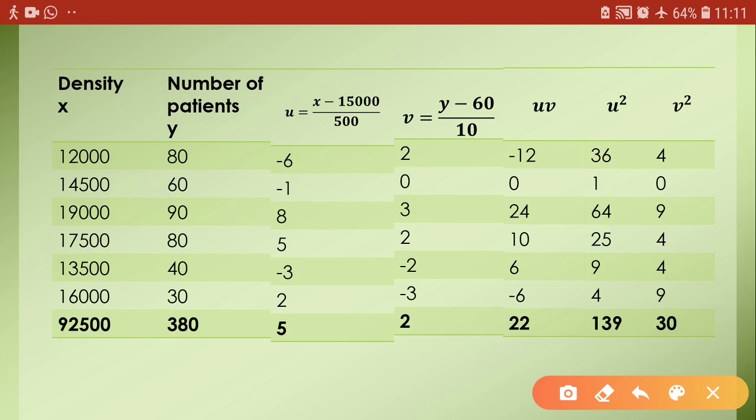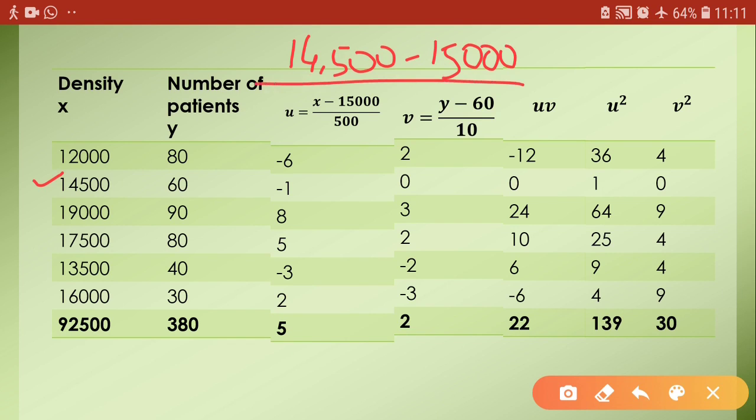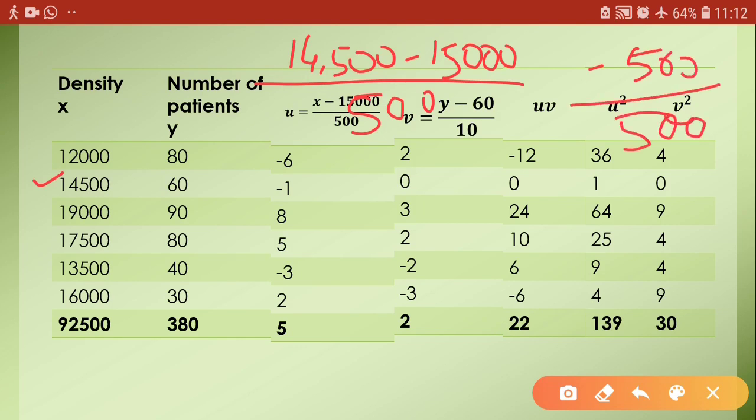Let's take another one, 14,500. 14,500 minus 15,000 upon 500. So it's basically minus 500 upon 500, it's minus 1.